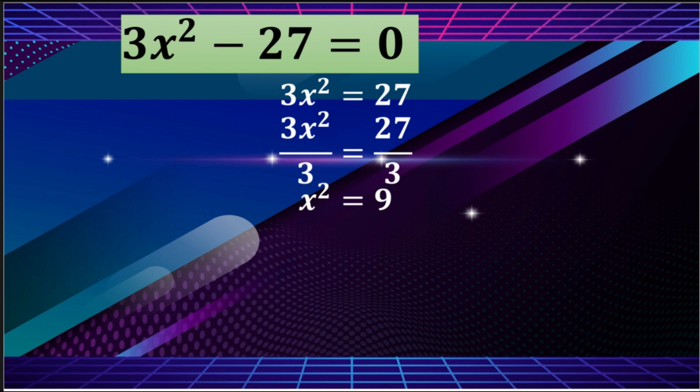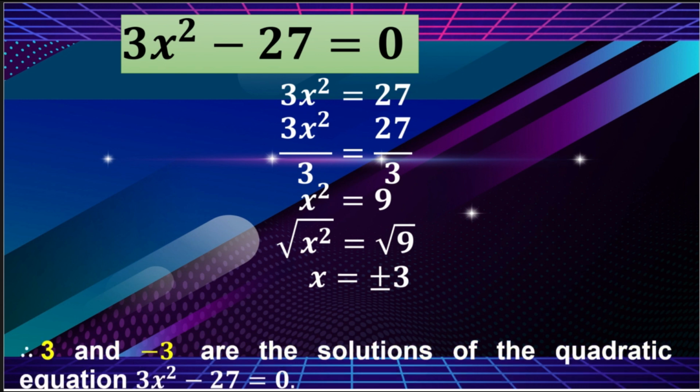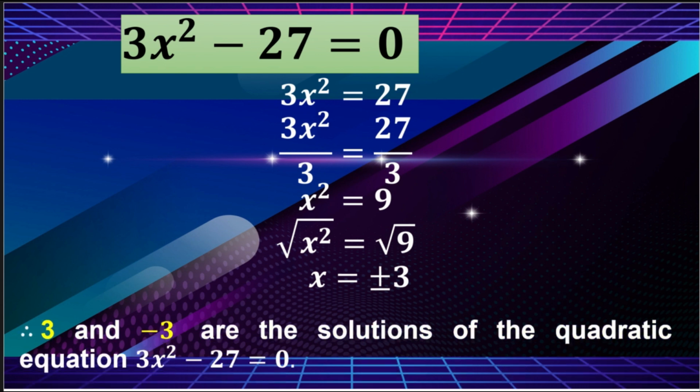After canceling out 3, 27 divided by 3 is 9, and the square root of 9 is positive and negative 3. Therefore, 3 and negative 3 are the solutions of the quadratic equation 3x squared minus 27 equals 0.